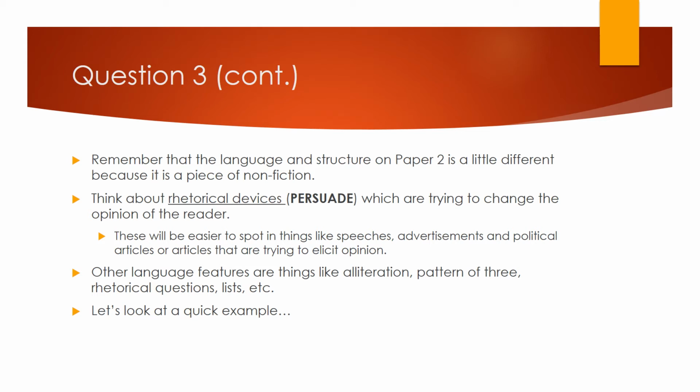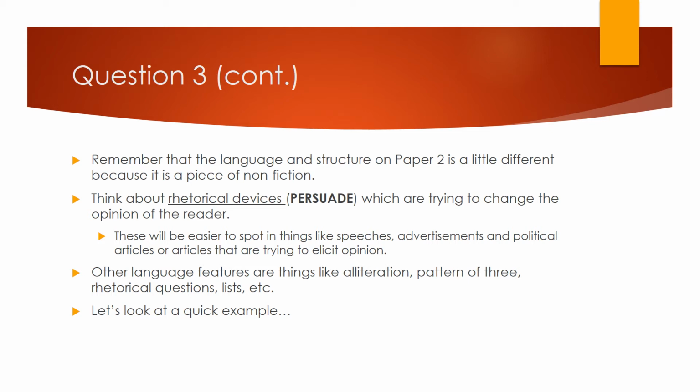Obviously, in political articles, or articles that are trying to elicit some opinion of some kind, you will be able to spot a lot of these rhetorical devices, and they're very easy things to spot once you know what they are. There are other language features that you may be familiar with from school, such as alliteration, onomatopoeia, and hyperbole, which is the same as exaggeration.